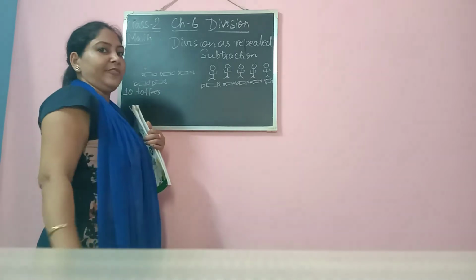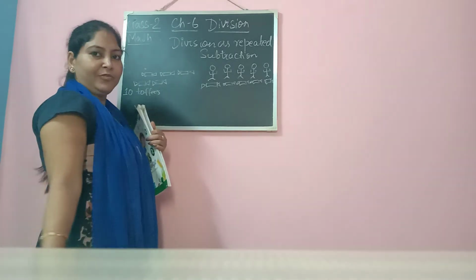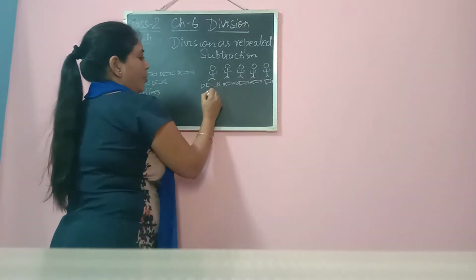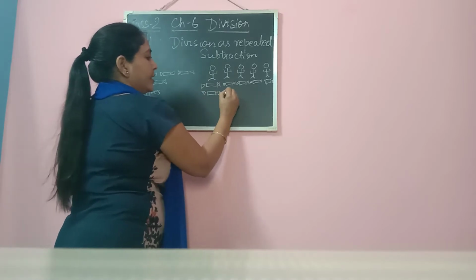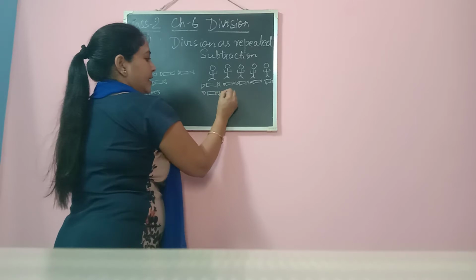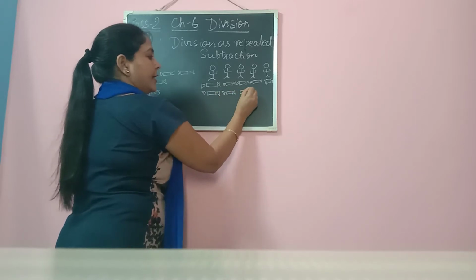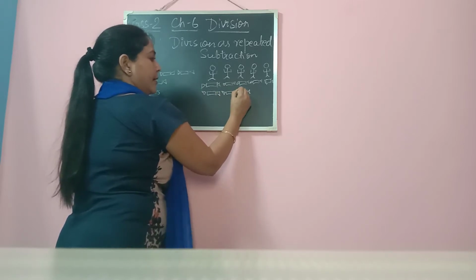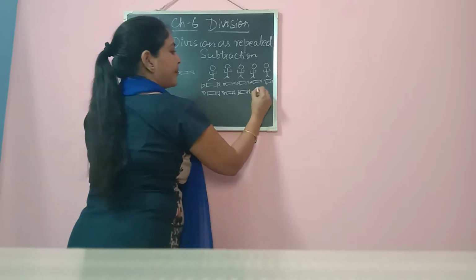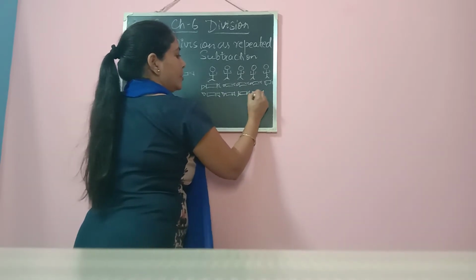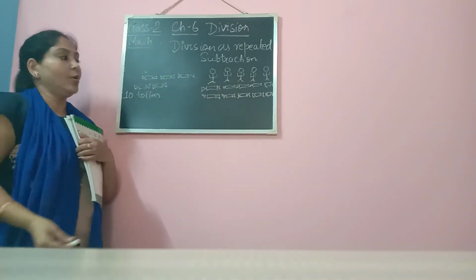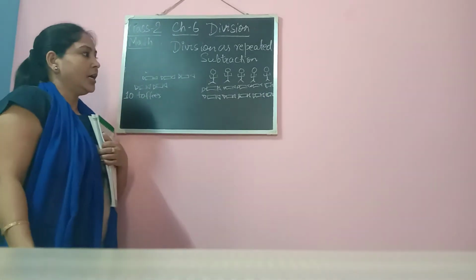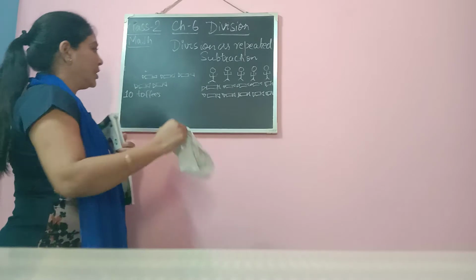Now, again these 5 toffees I am going to distribute among the 5 children equally. So, 1 toffee here, like this, in this way. You can see here I have distributed all these 5 toffees again to all the 5 children.